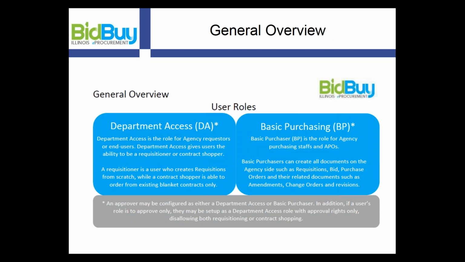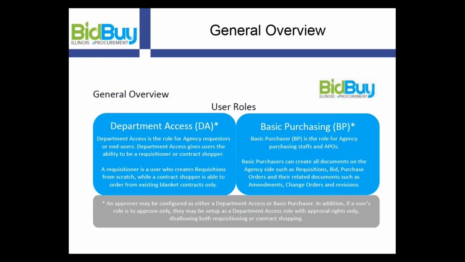It can create all of the documents agency-wide, from requisition, bid, purchase order, amendments, change orders, and revisions. So if you are going to troubleshoot within the system, it's always good to look at your user role to verify if you have the access to be able to complete what you're trying to complete within the system.